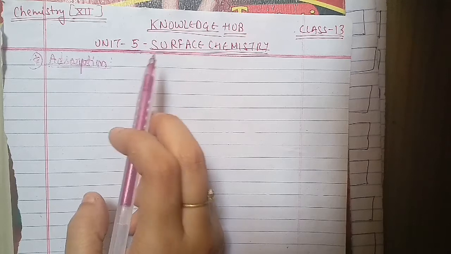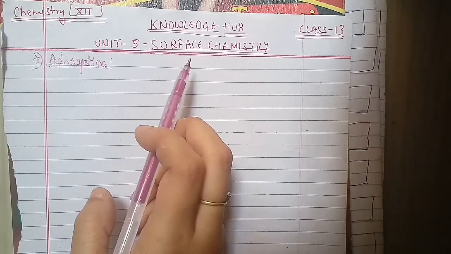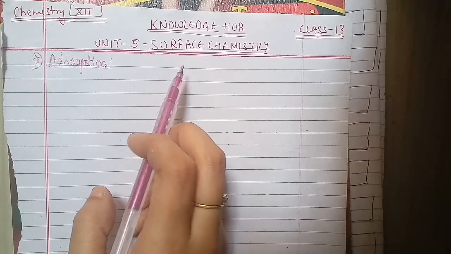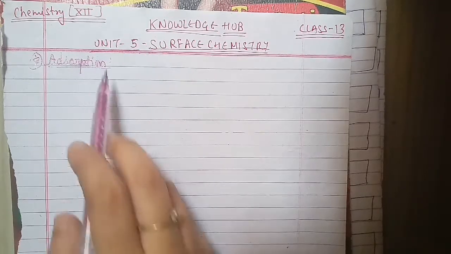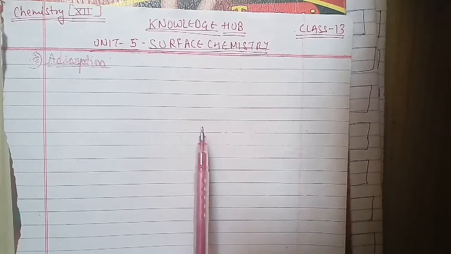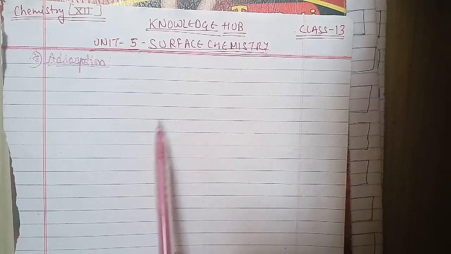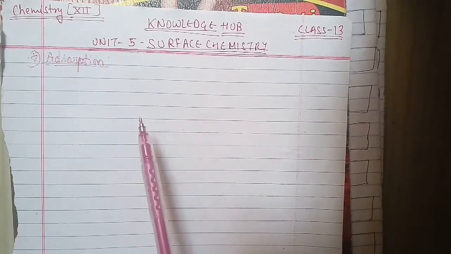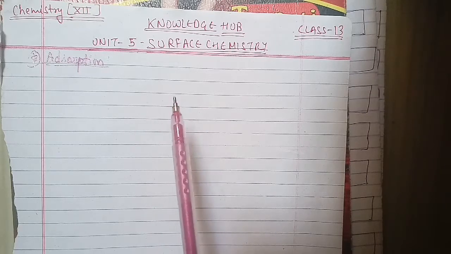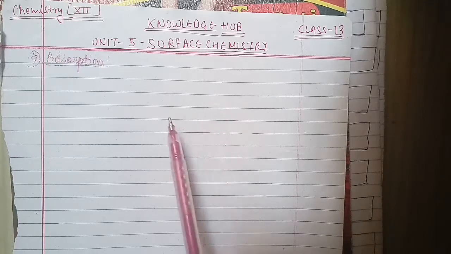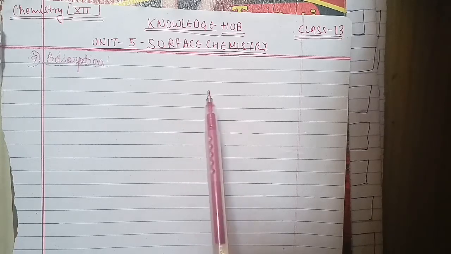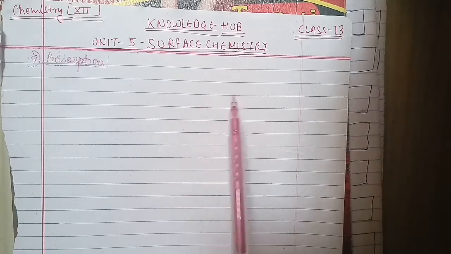If both adsorption and absorption take place, then it is known as sorption. There are several examples which reveal that the surface of a solid has the tendency to attract and retain the molecules of the phase with which it comes into contact, and these molecules remain only at the surface and do not go deeper into the bulk.